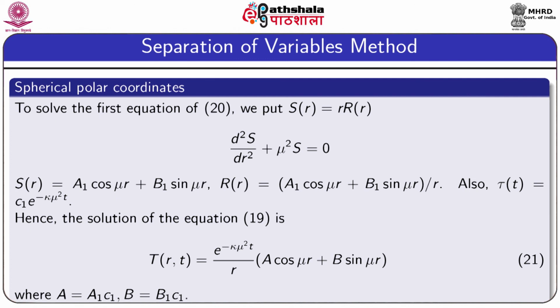Hence, the solution of equation 20 becomes T equals e to the power minus kappa mu square t by r, times A cos mu r plus B sin mu r, where capital A is a1 c1 and capital B equals b1 c1. So, this is the general solution of the heat equation in the spherical polar coordinate system.